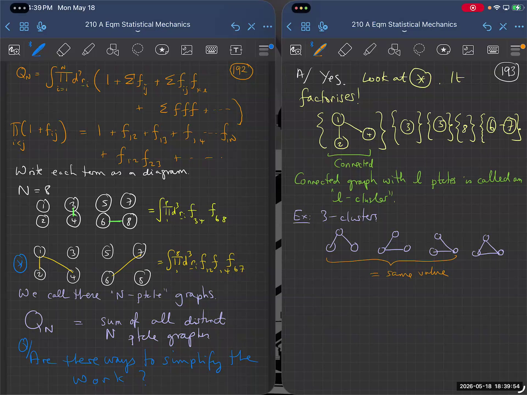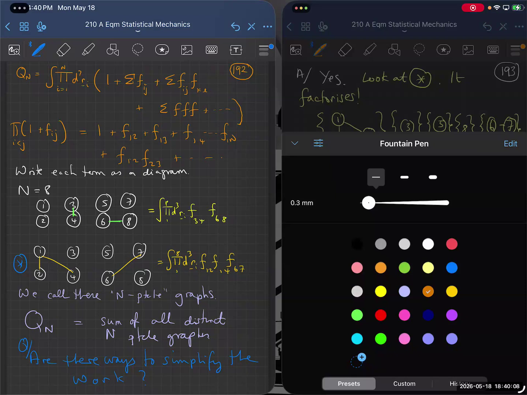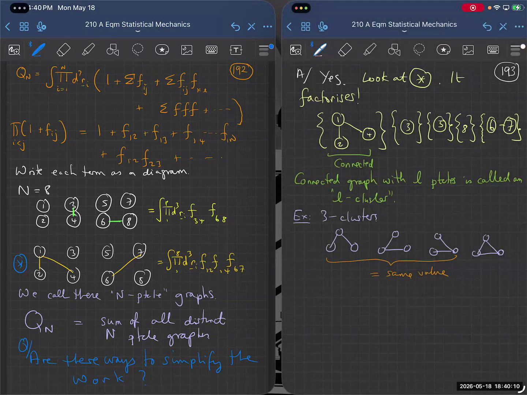So then you can say, well, okay, how much of this do I want to tell you? Well, I'll tell you enough that you can understand the end result. So then there's a thing which I can do, where I can say B_L, this thing is called a cluster integral.